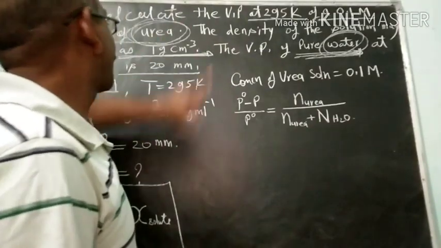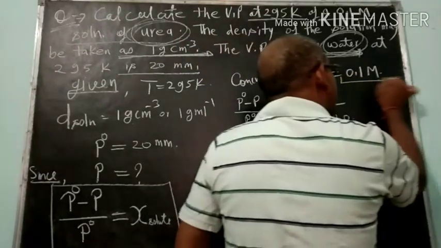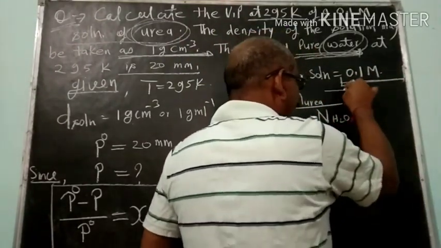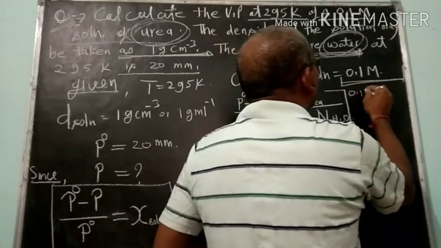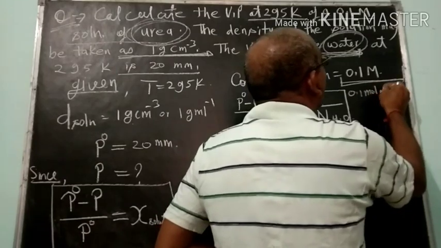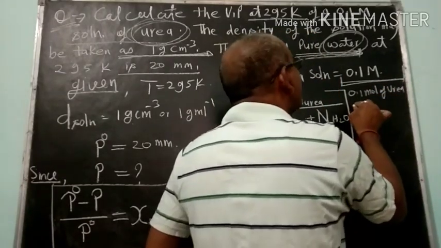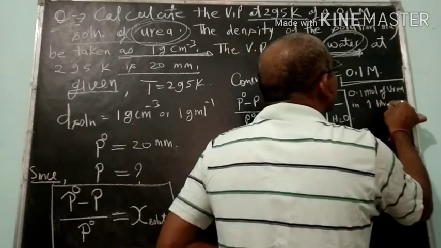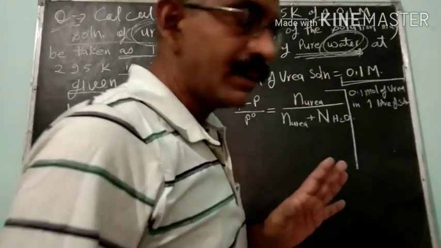As the concentration is given to us, it is 0.1 m. Okay? What does it mean? It means 0.1 mole of urea is dissolved in 1 liter of solution. Is it clear?